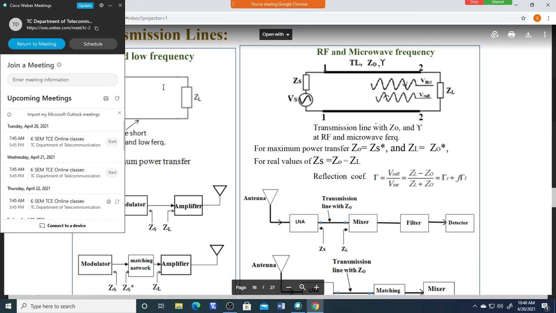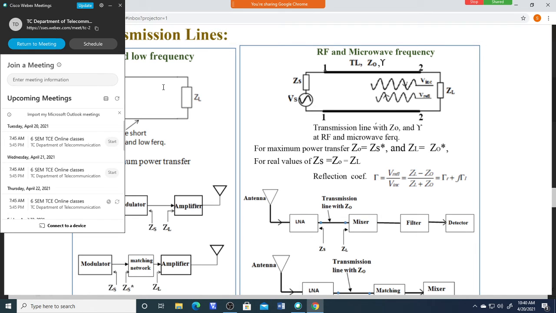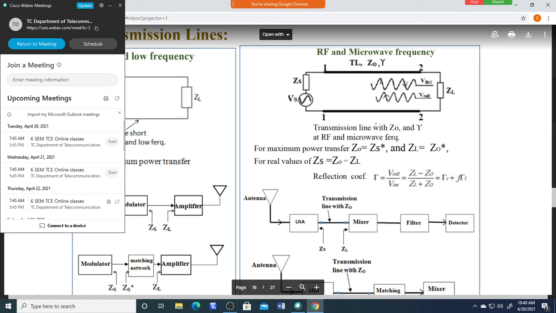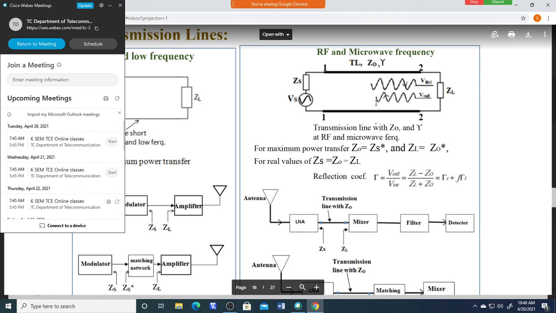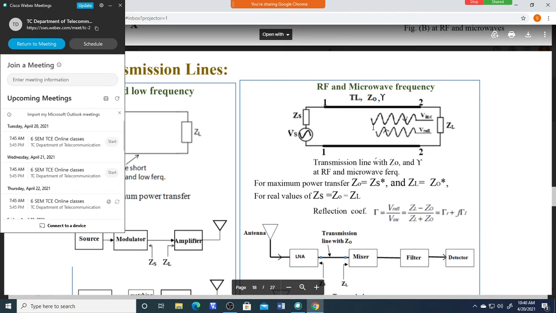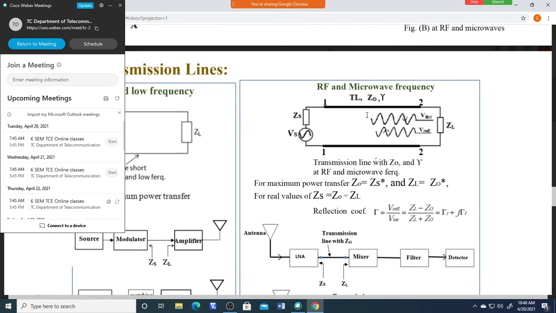Here we know Vs divided by Rs plus RL; similarly, I want an equation here for the voltage, current or impedance. We can calculate impedance if we know the current and voltage, but how do we get them? We should know the equation, otherwise we cannot do the calculation.